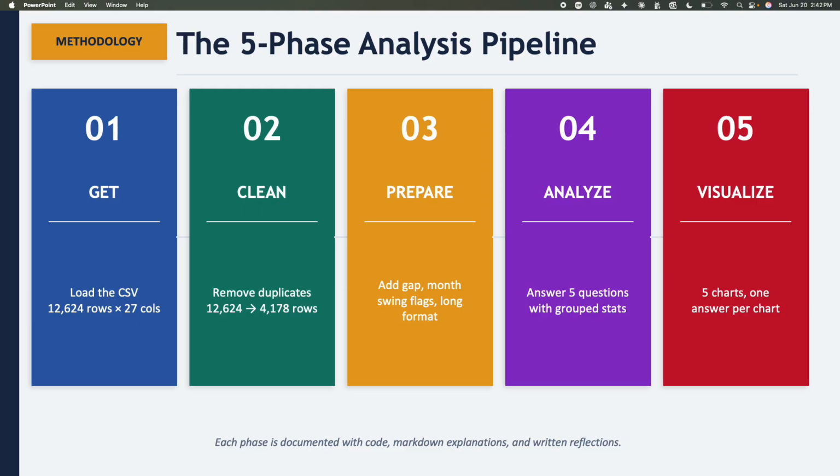It shows you how to avoid mistakes when your data set has 12,000 rows and 27 columns. So we start by getting the data and understanding its shape, then we clean out the noise, then we engineer the new features that let us ask the right questions, and then we analyze and finally visualize.